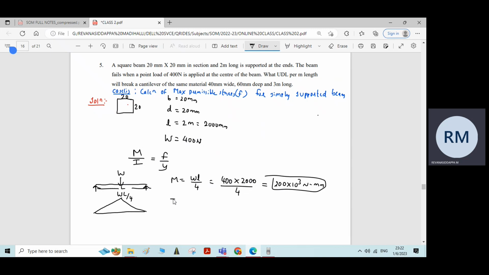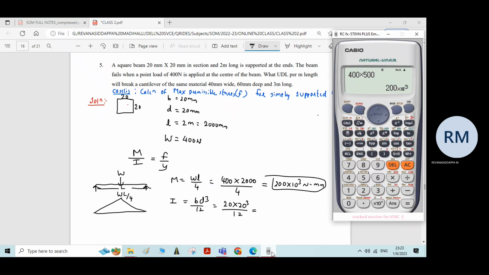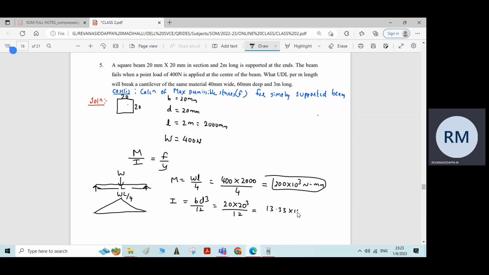The moment of inertia of the rectangular section is bd cube by 12, which is 20 into 20 cube by 12. It is 13.33 into 10 power 3 mm raised to 4.